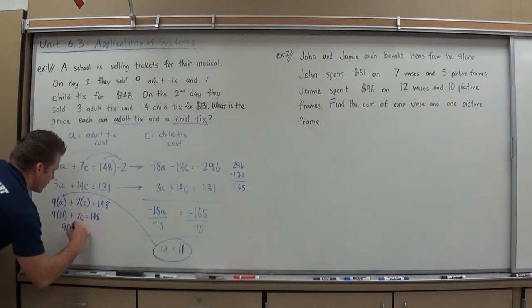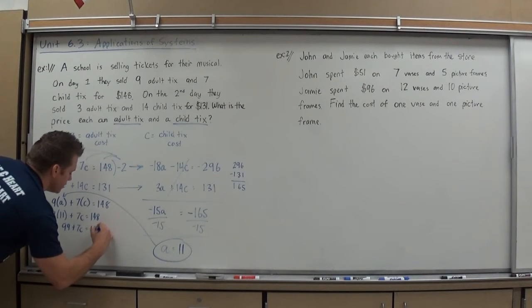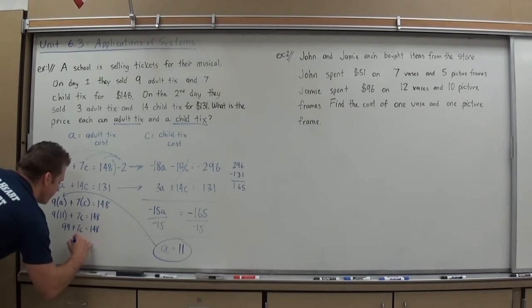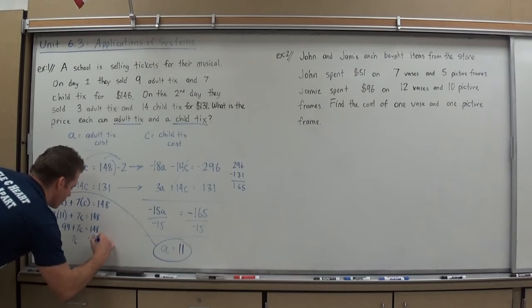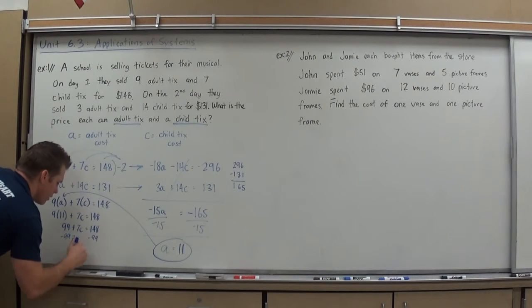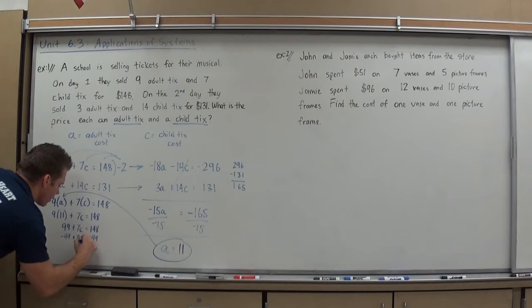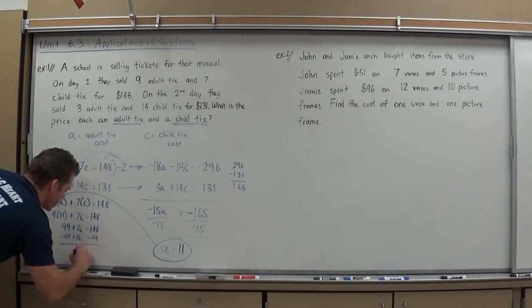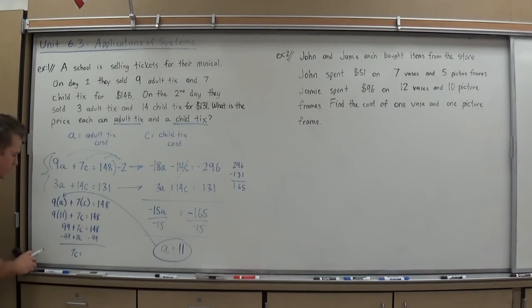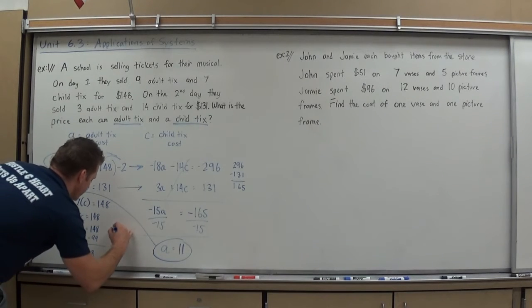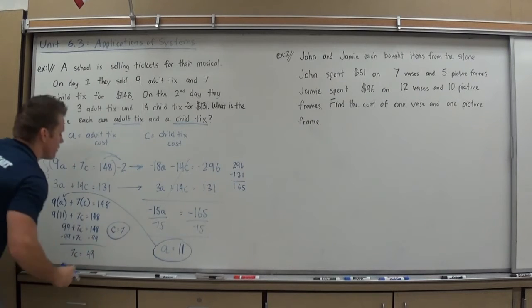So 99 plus 7C equals 148. Subtract 99 from both sides. And I get 7C equals 49. Divide by 7, and C must equal 7.